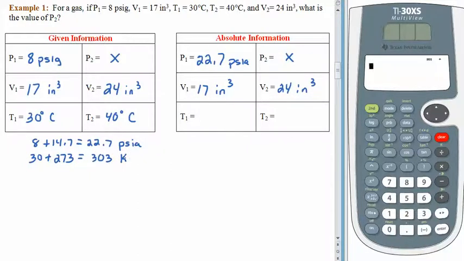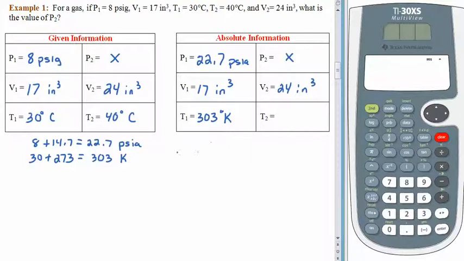Right now, if you're thinking that I should be saying something like 303 degrees Kelvin, actually, that's not quite true. There's not really anything called a degree Kelvin, but a lot of people say degrees Kelvin. So I can do this like we did in your reading. That's fine. If I leave it off, just understand that it's technically not wrong.